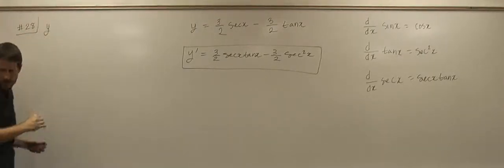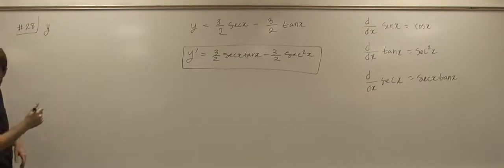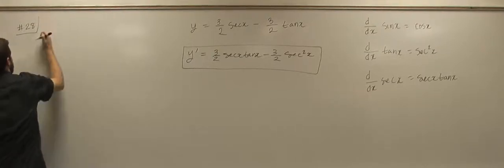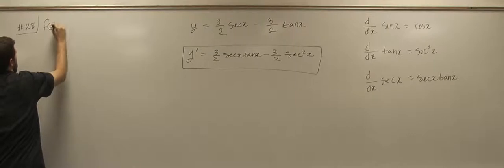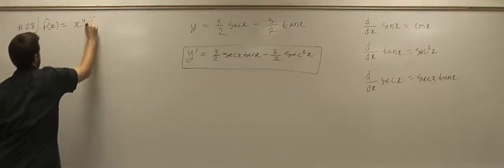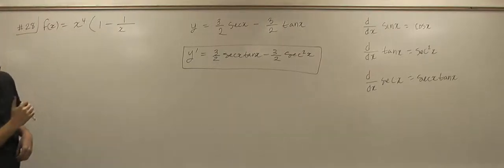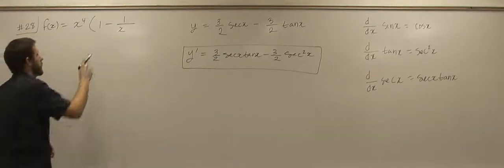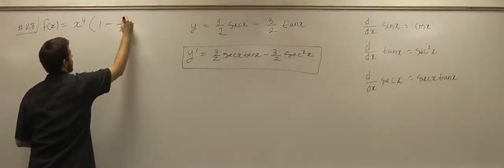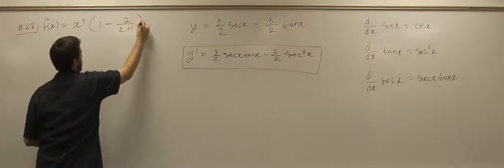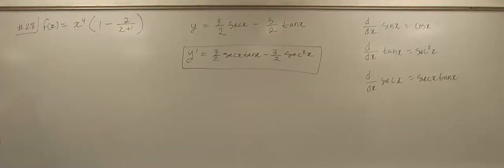So they give you a function, I guess they call it f of x: x to the fourth times (1 minus 2 over x plus 1). And then we have to find the derivative.